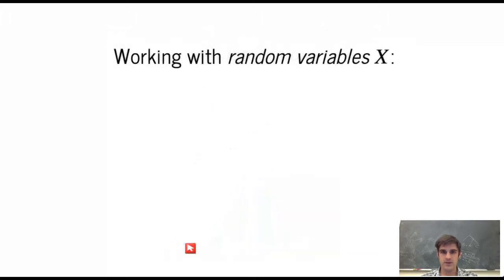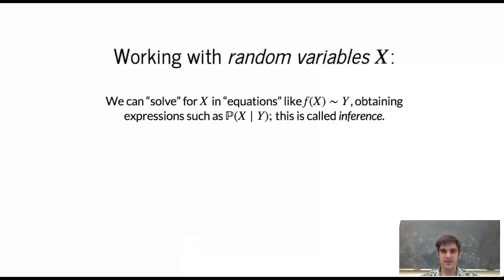So what can we do with these random variables? Well, we can do a lot of the same things that we can do with little x, although they typically sit in a rather different framework. But we can solve for random variables an equation like this.